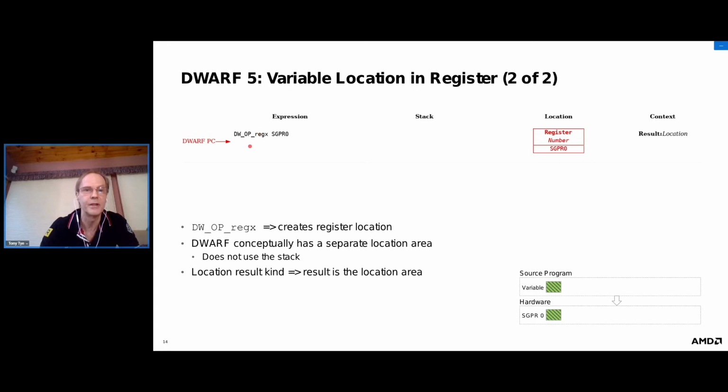Here, my first operation evaluates to get the location of a register. It gives the name or the number of the register. The interesting thing here is DWARF doesn't evaluate locations on the stack. It has this separate conceptual location area. So what we end up with is saying we're in a register here. And since we're evaluating the context for location, the answer is what's in the location area.